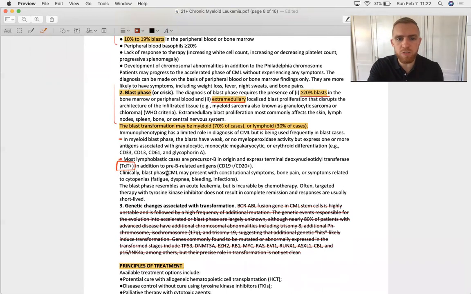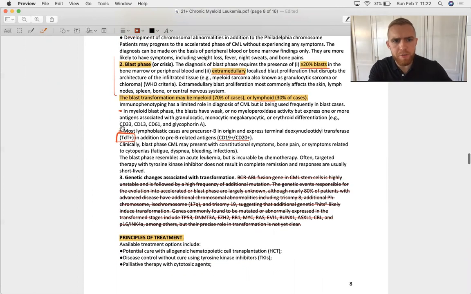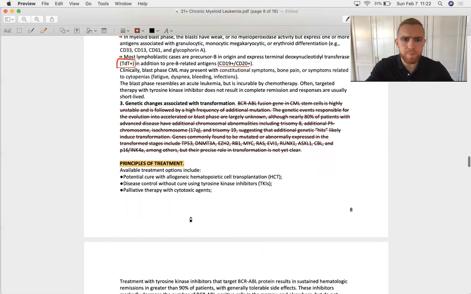And then there is also the expression of pre-B, CD19, CD20, maybe a CD5, sometimes after this CML transforms into an acute leukemia. CD33, CD13, I want to say 103, 1-something-3. Those are going to be your myeloid markers.